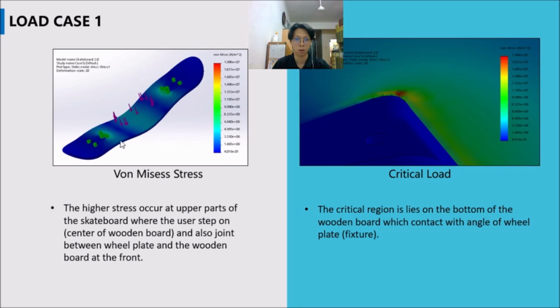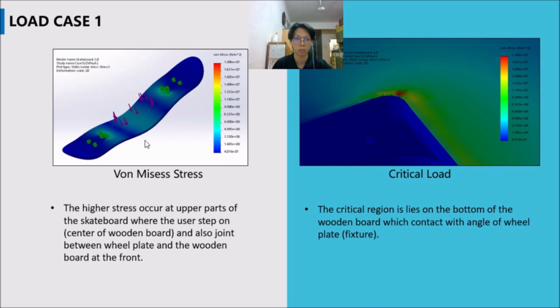At the upper part of the skateboard, the higher stress exists at the center of the skateboard, which is also the region where the user steps on. Another region where higher stress exists is at the upper part of the skateboard, where the wooden board contacts the wheel plate at the bottom. So we can see two regions here.